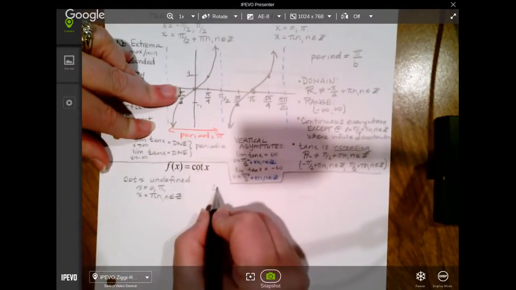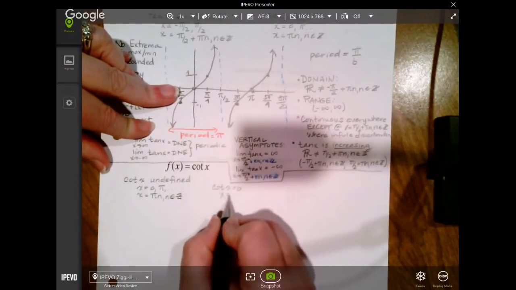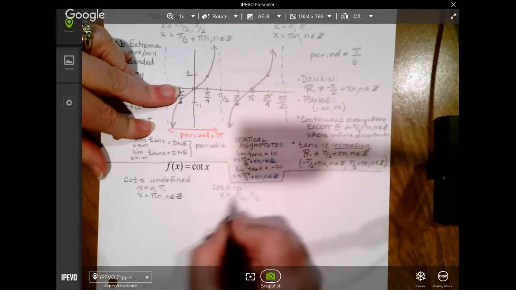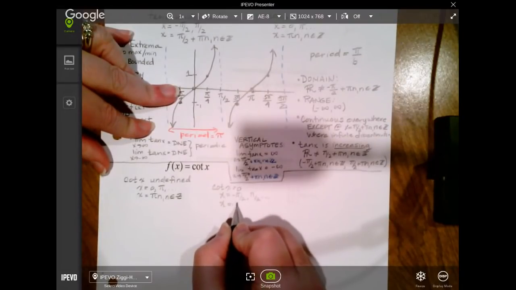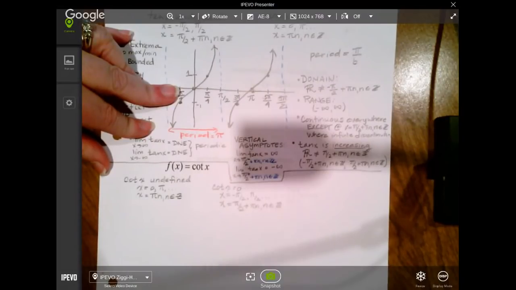And the cotangent of x was equal to 0 when x is equal to negative pi over 2, and so on. And so that would be generically pi over 2 plus pi n, n an element of the integer set.